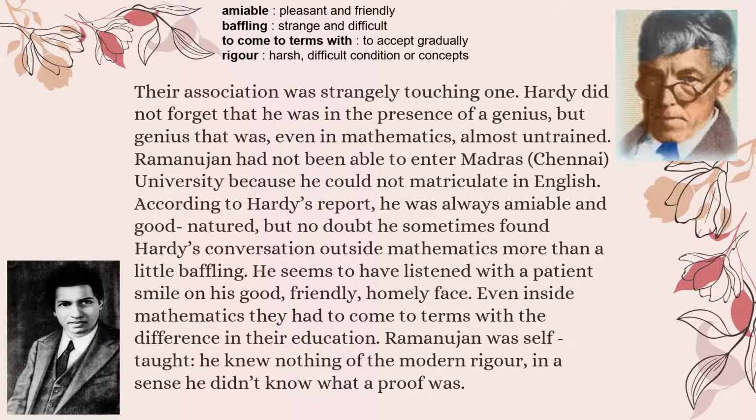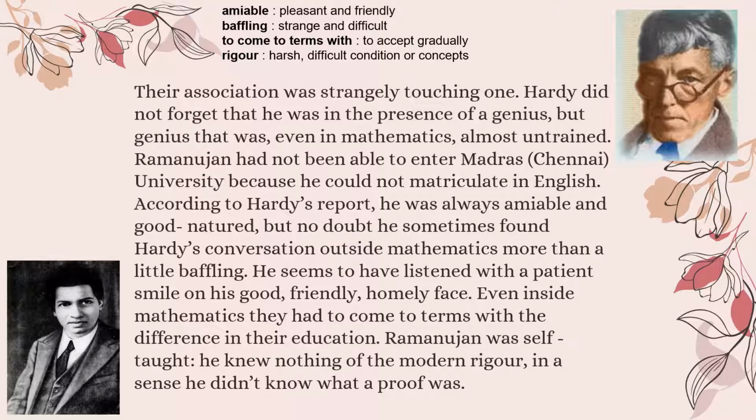As Ramanujan was not able to enroll in Madras University, as he could not perform his final examination in English. As Hardy would state, Ramanujan was a friendly, pleasant, and good natured human, but at times Ramanujan found Hardy's conversations outside mathematics a little strange and difficult to understand.